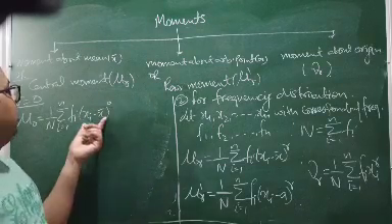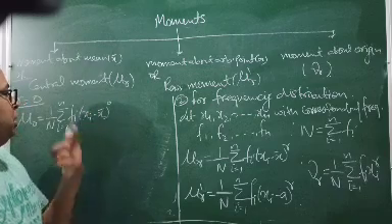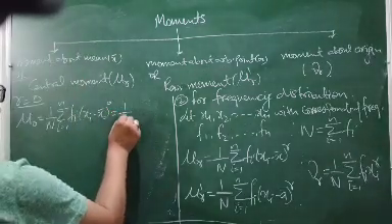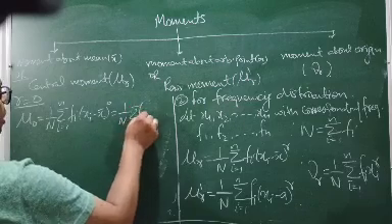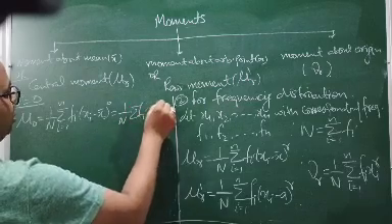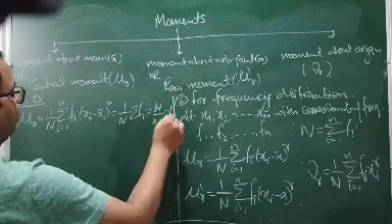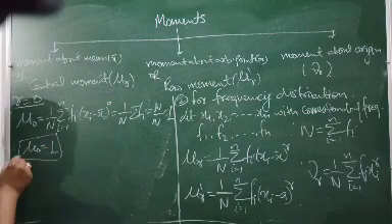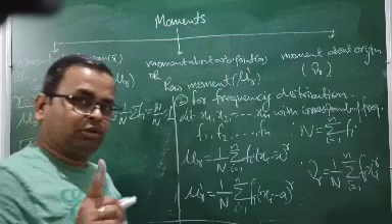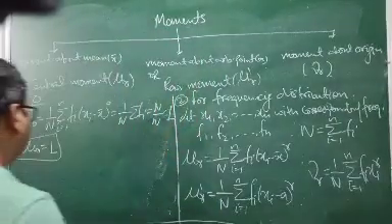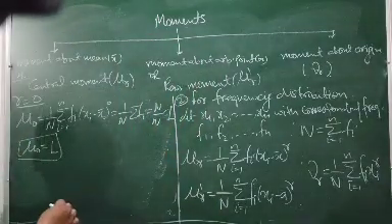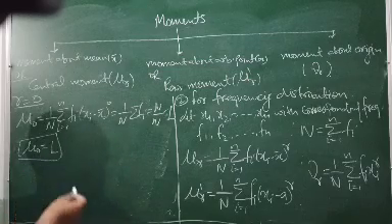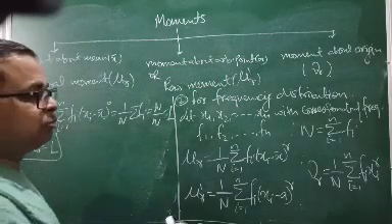Any finite value to the power 0 is equal to 1, so this can be written as 1 upon capital N summation fi, which is N upon N, equal to 1. So mu 0 is equal to 1. We can use the value of mu 0 directly in the given problems.